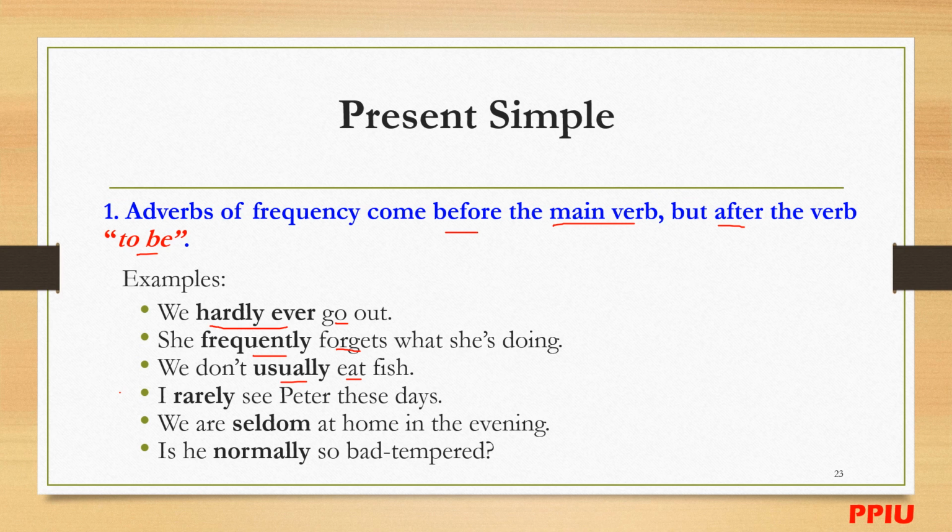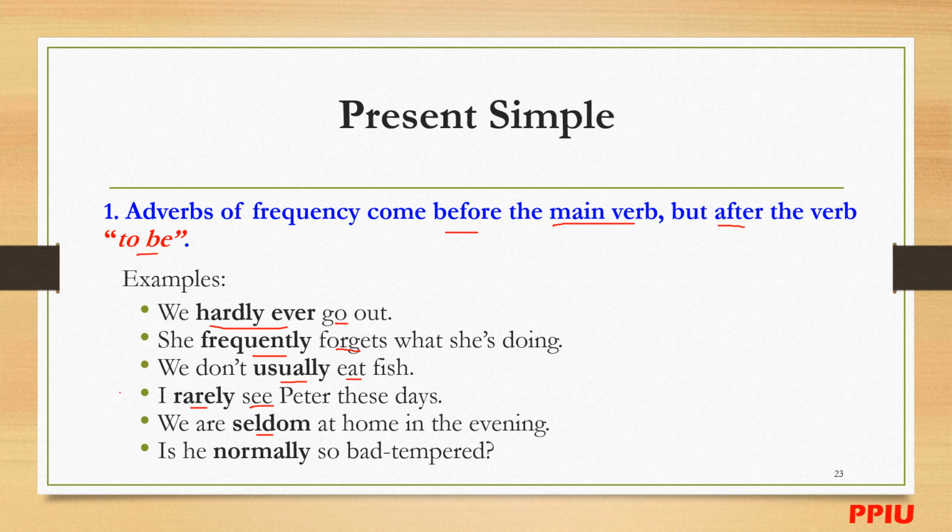"I rarely see Peter these days." Which one is the adverb of frequency? Rarely. So see is the main verb here. "We are seldom at home in the evening." Seldom is the adverb of frequency. Is there a main verb here?